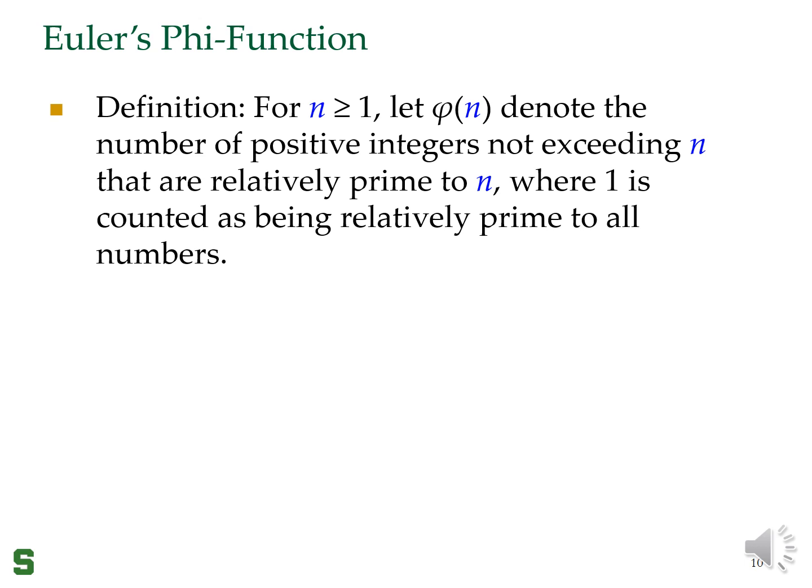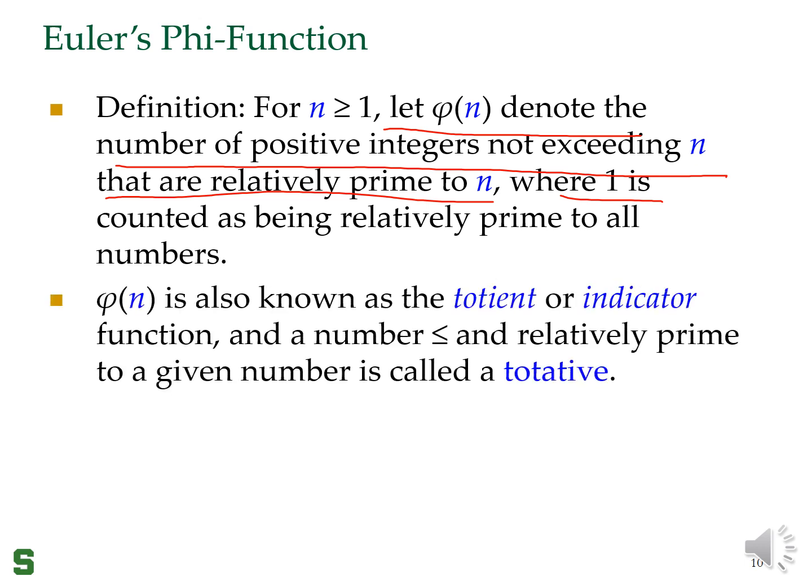There is another thing that we want to define in the context of GCD, which is the phi function. Let phi of n denote the number of positive integers not exceeding n that are relatively prime to n, where we are going to count 1 as relatively prime to all integers.